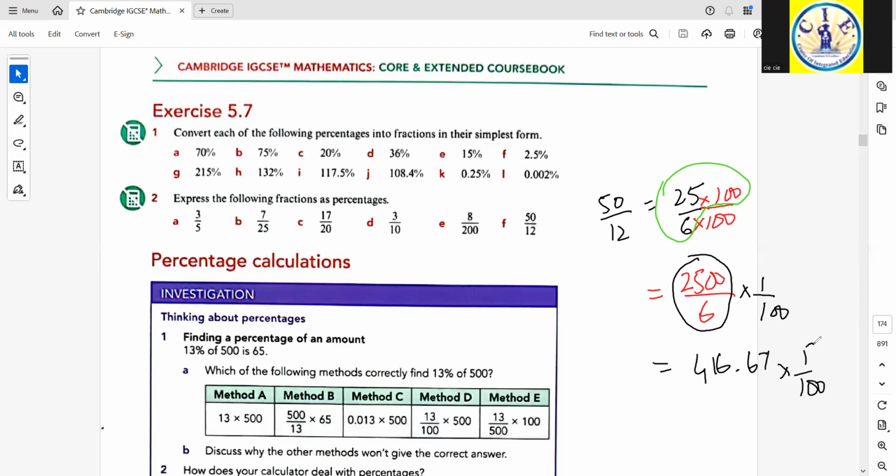So now since this is again 1 by 100, that means division by 100. So I can convert it into the equivalent percentage, 416.67. And for this, I can have the percent. So that concludes the question.